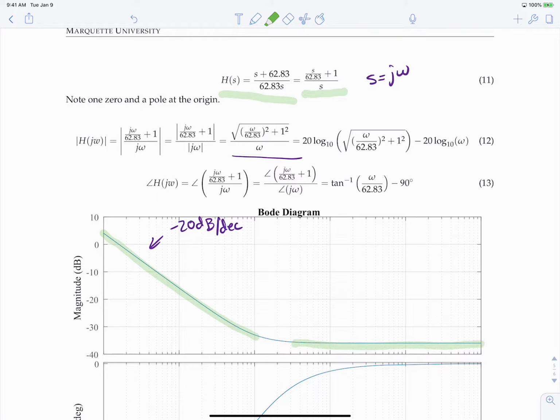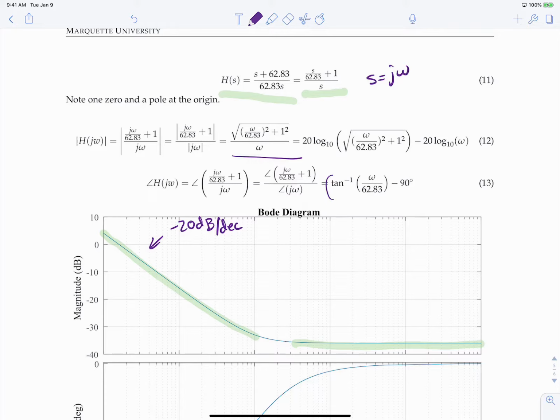All right, now we can also calculate the phase of this by just calculating the angle of the complex number. Up top you have a complex number, and in the bottom you have a complex number here. One thing I'll say is we can use a trick of tan inverse. If you have tan inverse of a over b, you can do tan inverse of a minus tan inverse of b, which is what we're doing in this step. This is just a trig identity. What you get on the bottom, since this is always j omega, is always minus 90 degrees. And then you have this term, which is swept over omega.